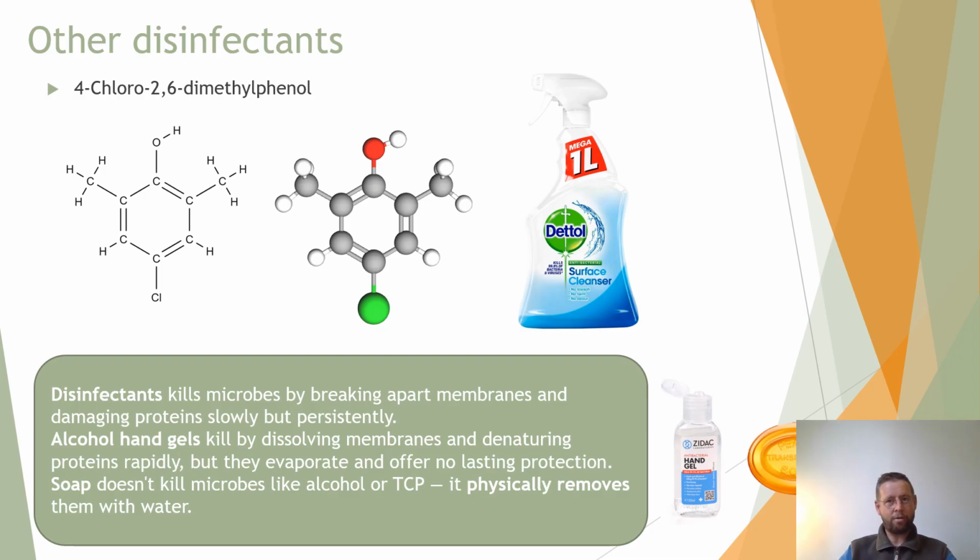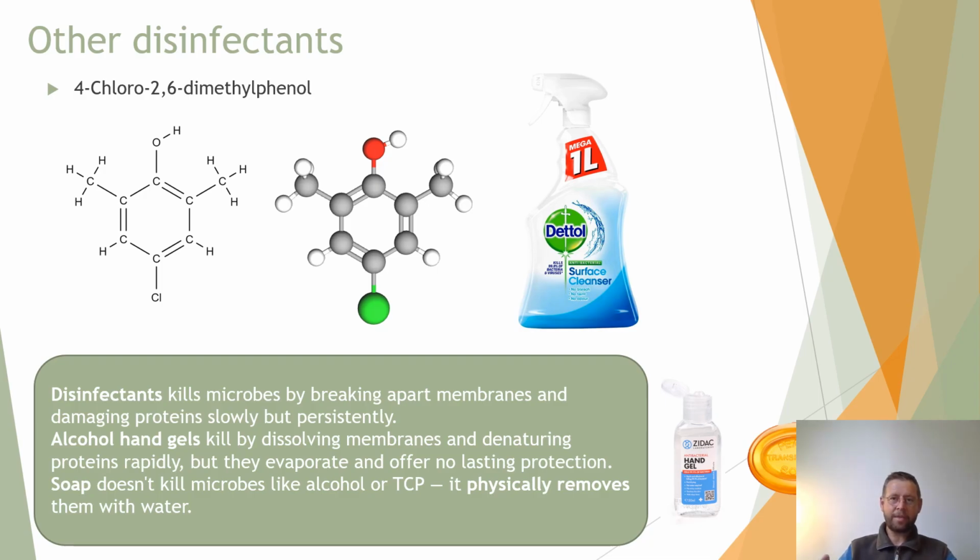Now, with things like alcohols instead, what we find is it all depends on the length of the chain of the alcohol. If it's a very small alcohol, then it's dominated by the OH group, which makes it very water soluble. But if it's a long chain alcohol, it's dominated by the non-polar part of the molecule, and therefore it becomes lipid soluble, able to dissolve non-polar solutes and liquids.